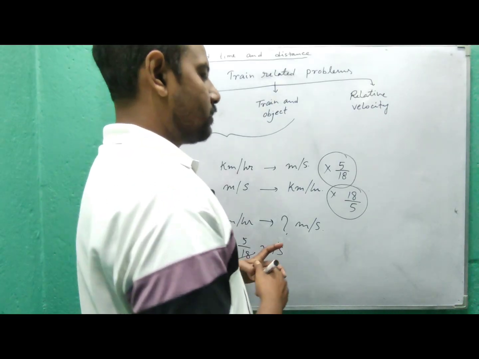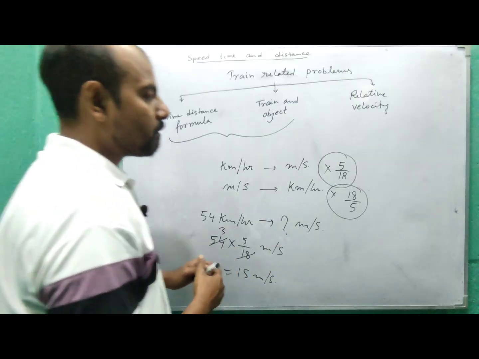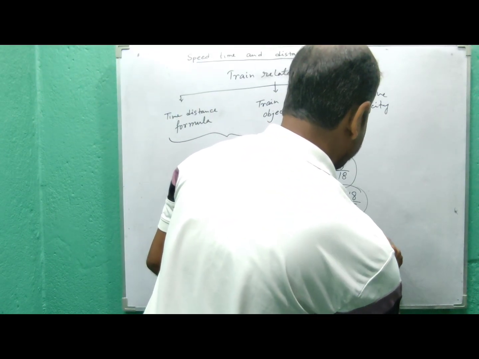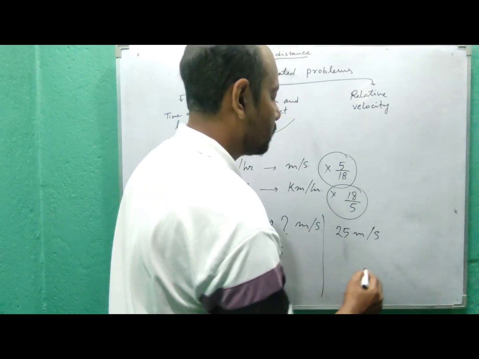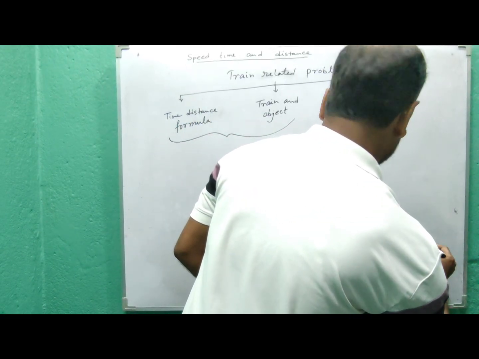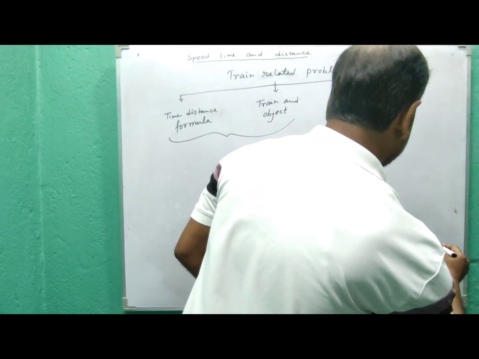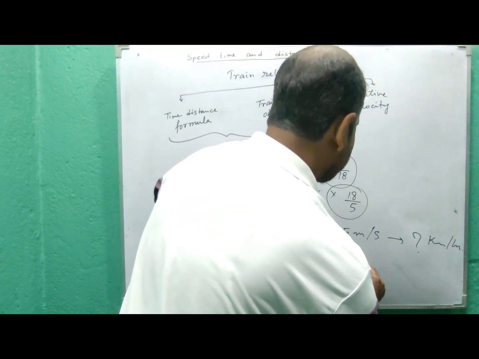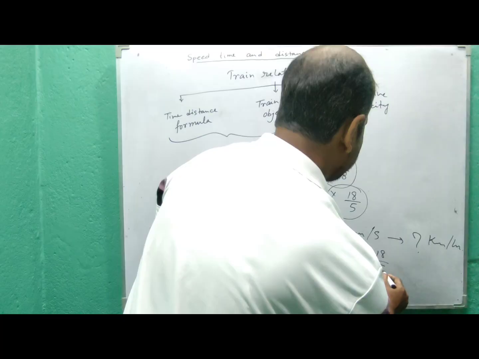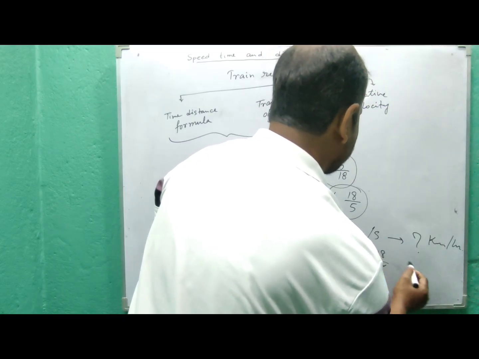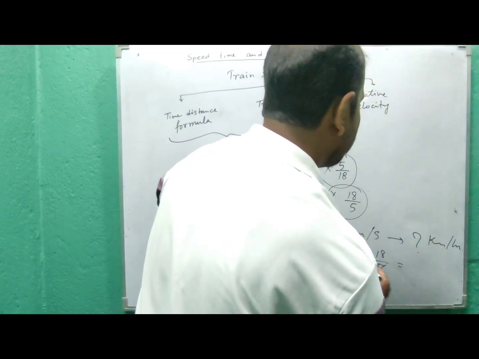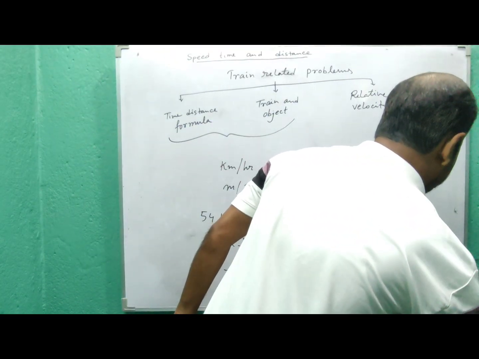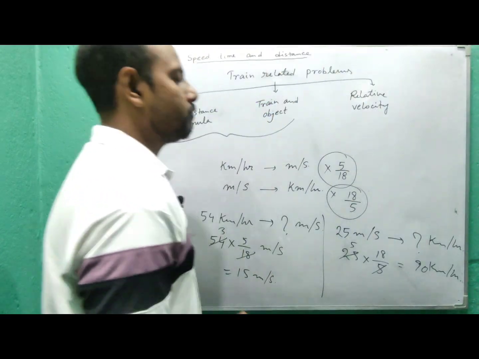If we need to convert meter per second to kilometer per hour, suppose 25 meter per second, we have to convert it into kilometer per hour. So 25 multiplied by 18 by 5, that means 5 fives are 25, 5 eights are 18 fives are 90 kilometer per hour.